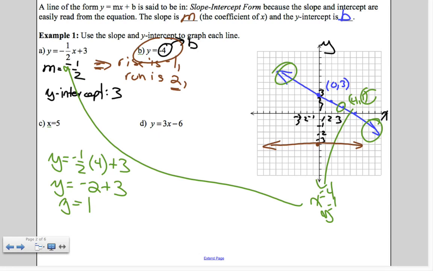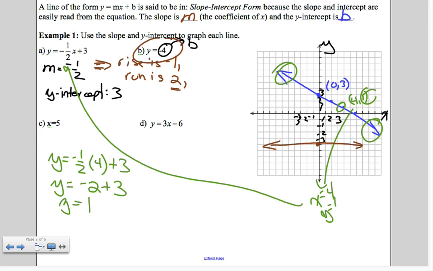x equals 5. Same thing? Yeah, it's just a little bit different. Now we're saying that no matter what the y value is, it goes this way. What's this way? Vertical. Let's do green. So where's x equals 5 here?